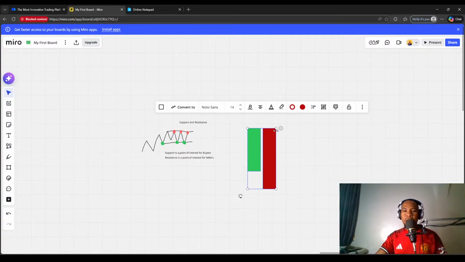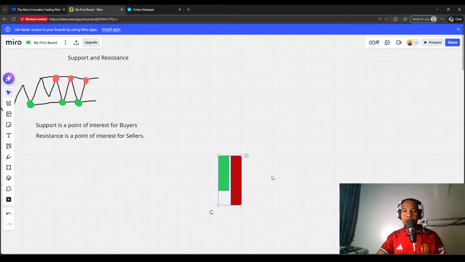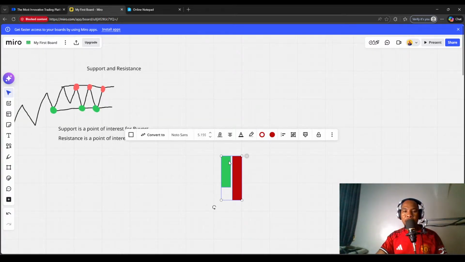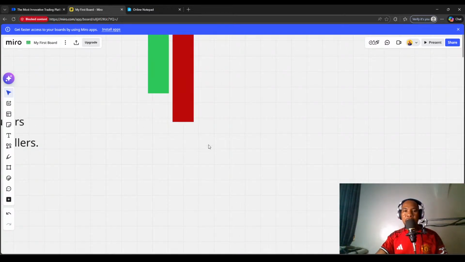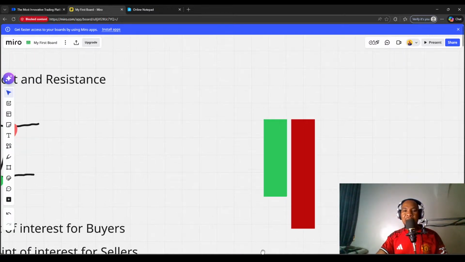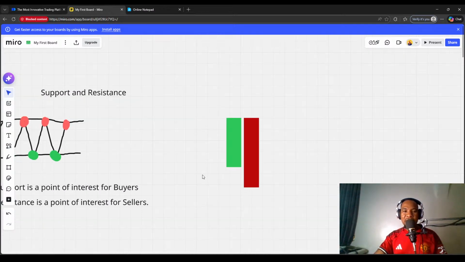On the candlestick level, any point in the chart that you see two opposite candles together, something like this, if it is like this, then this is resistance.